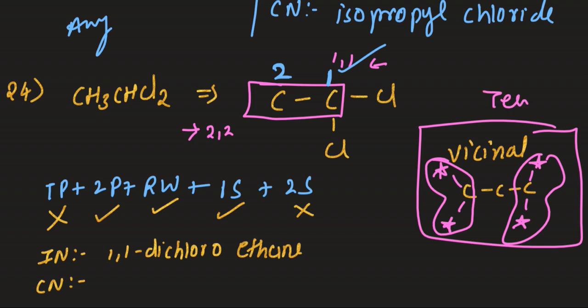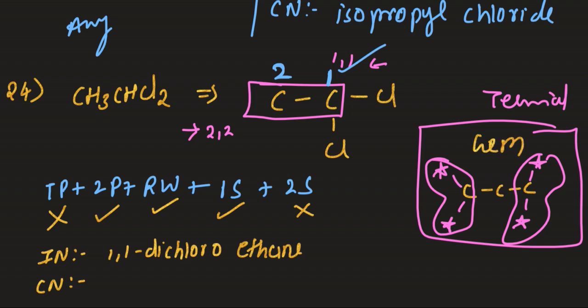Having same groups on terminal carbons will act as what? One more doubt: ma'am, if I use chlorine and bromine, can I call it geminal? No. Geminal means definitely they should be the same groups and they must be in the corners only. You can see 2 chlorines are present in the corner. So I will call it geminal.